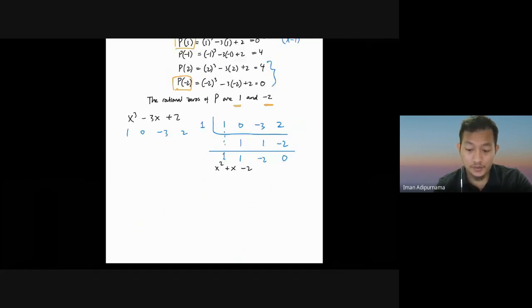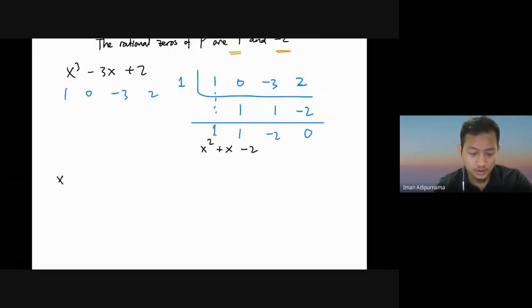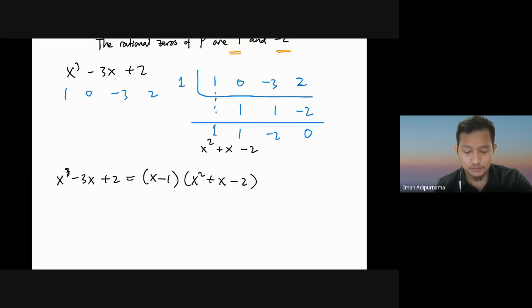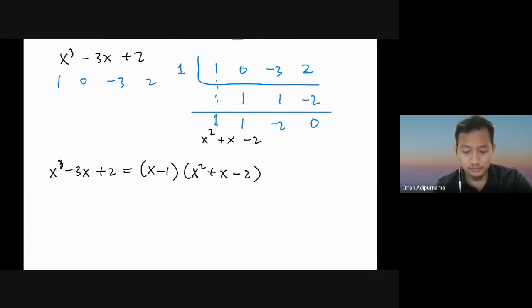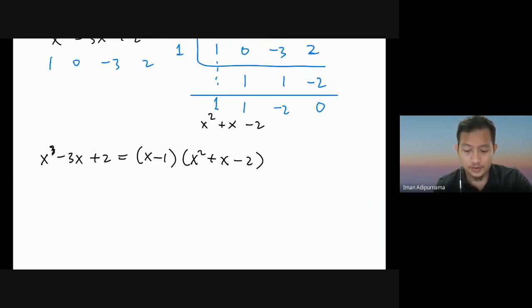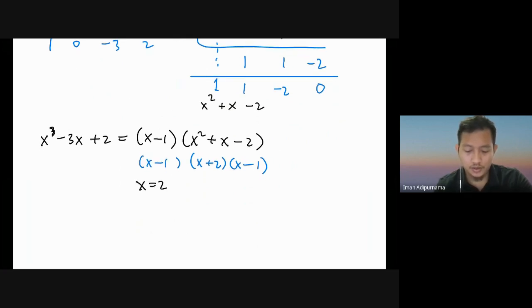So we will have x cubed minus 3x plus 2 is equal to x minus 1 times x squared plus x minus 2. I think we can factorize this. Of course, we have x equal 2, x equal 1, and x equal -2.